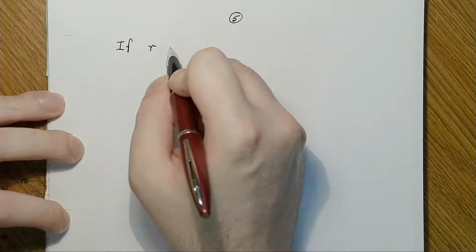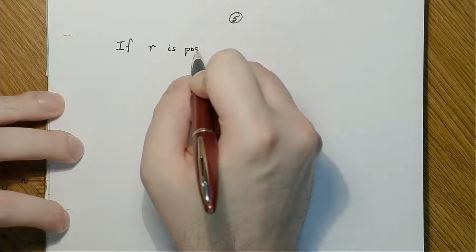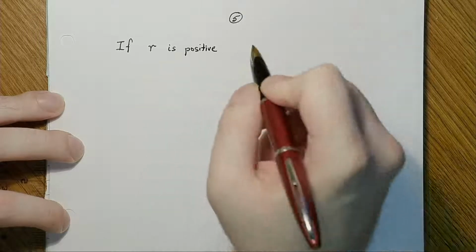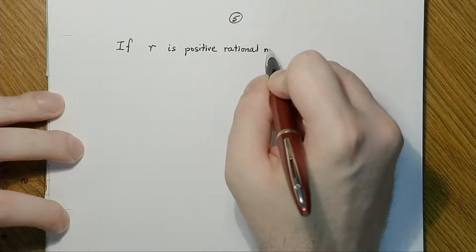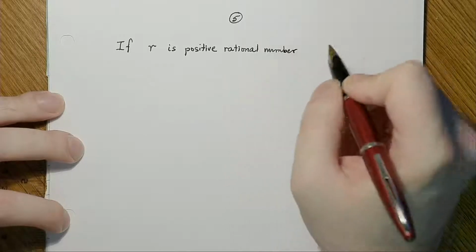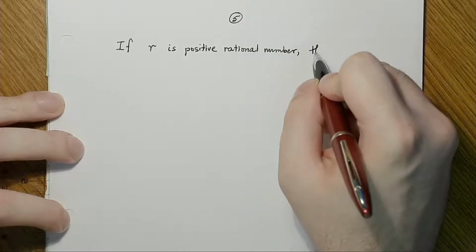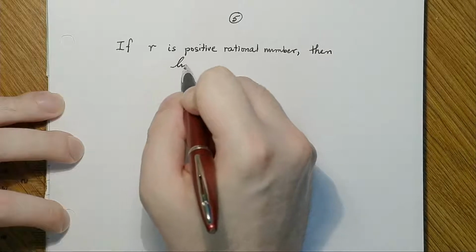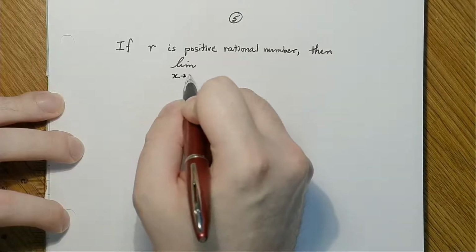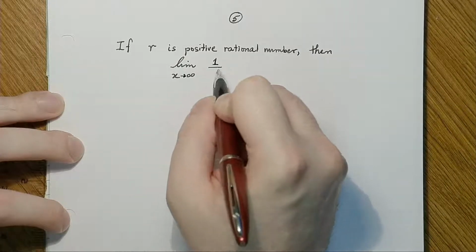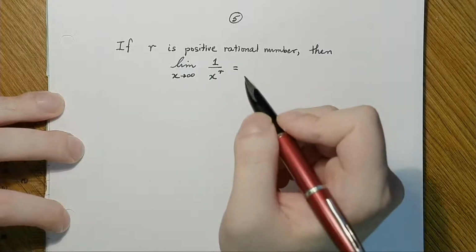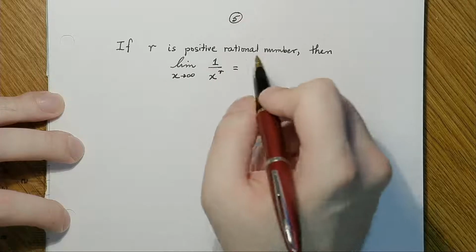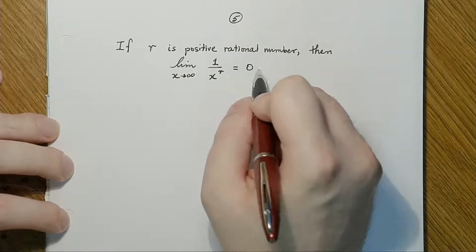If r is a positive rational number, then the limit of this function 1 over x to the r, so for any positive rational r, that is 0.